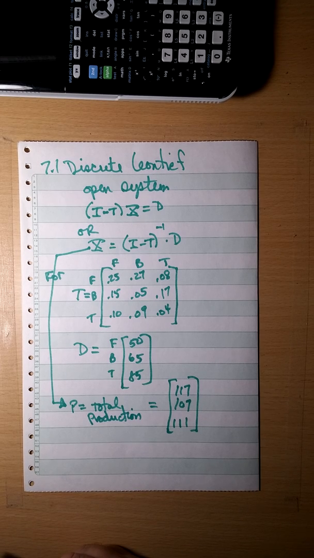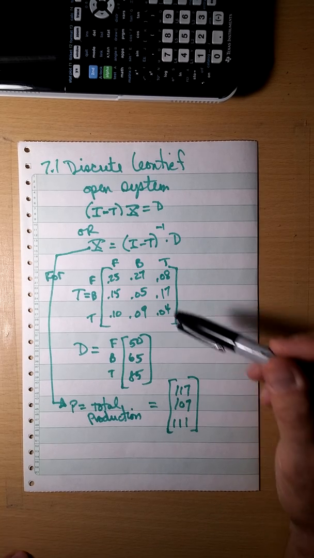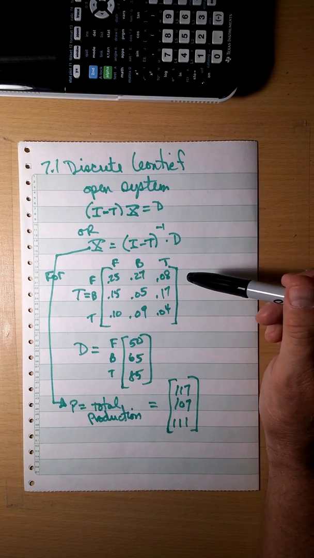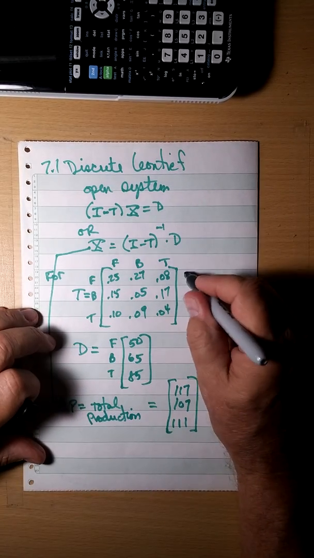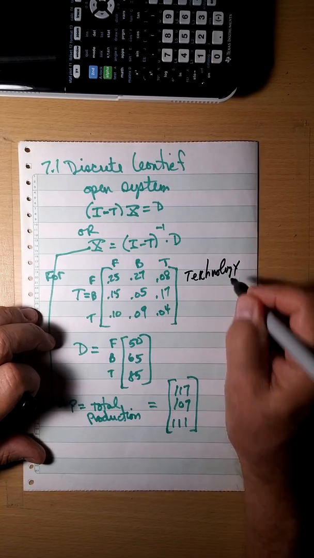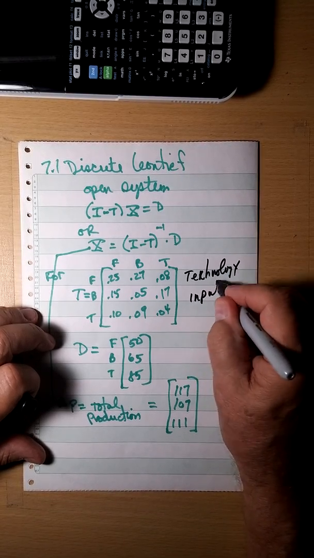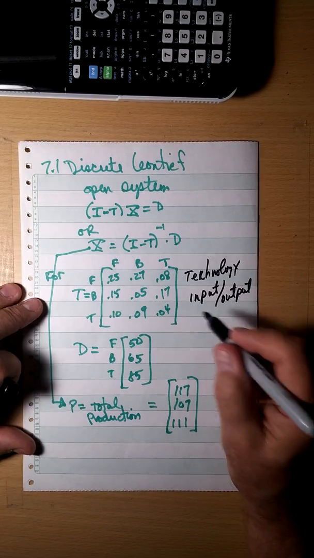Okay, let's make sure we understand how to answer some of the questions in the book. I just rewrote what we just figured out for the farmers, the builders, and the tailors. Remember, T is the technology or the input-output matrix.